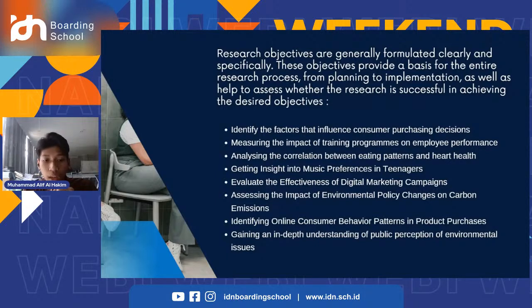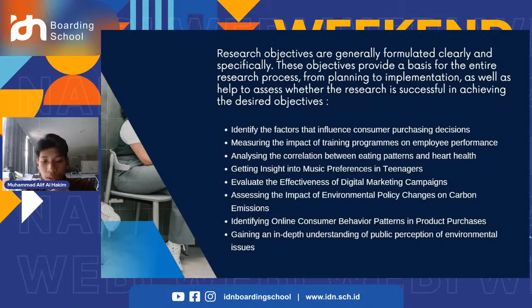And the first, identify the factors that influence consumer purchasing decision. And the second, measuring the impact of training programs on employee performance. Third, analyze the correlation between eating pattern and heart health. Four, getting insight into music preference in teenagers.